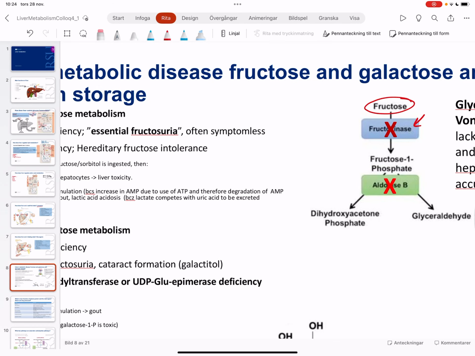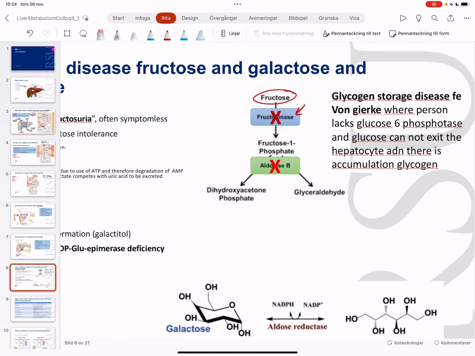And glycogen storage diseases is basically when there are many different types, but an example would be the von Gierke disease, in which a person lacks the ability to get the glucose out of the cells.